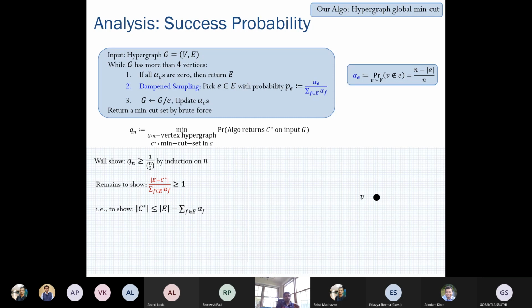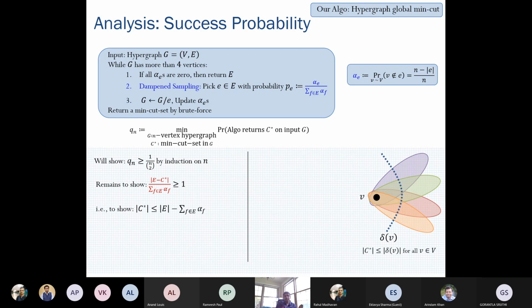So what is the natural feasible solution? Well, look at a vertex, look at all hyperedges incident to that vertex. I'll denote the hyperedges which are incident to that vertex as delta V. Now this is a cut, whereas C star is a min cut.